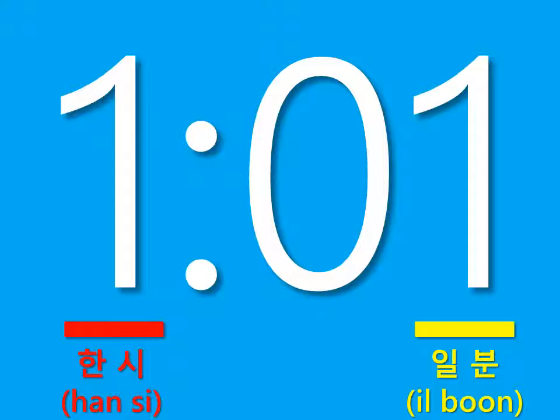Okay, so we don't say 한시 한분 or 일시 일분. Okay, we say 한시 일분. So we're mixing both. In other cases, Chinese-based Korean number system is used for money, but native Korean number system is used for counting things in general. So both have different purposes. So that's why you need to learn both.